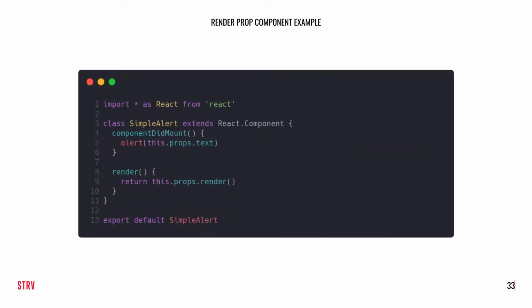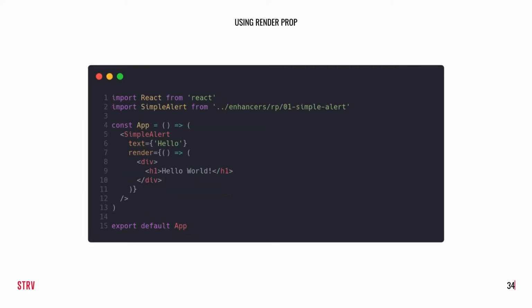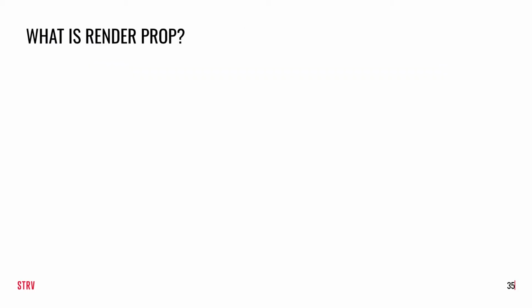That you have a component like this that just takes any props you will pass there, and then in render you just return props. You specify, usually it's render, so it's called render props. And then you can call it in your app like this. Here is that text prop, and here's the render function in which all the rendering magic happens.